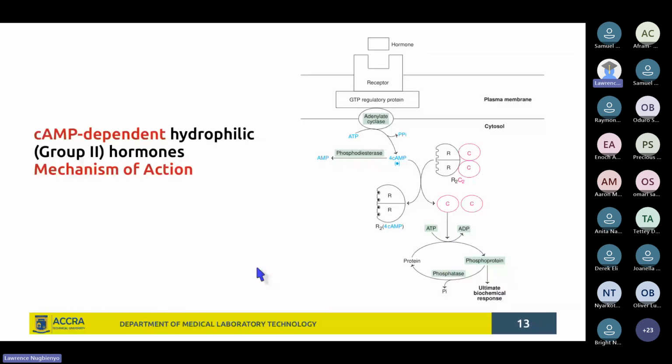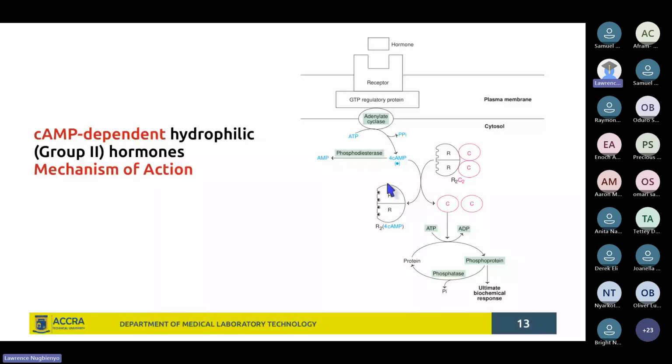Now we can take a look at the mechanism of action of this group of hormones that have cyclic adenosine monophosphate as a second messenger. Perhaps we have seen this already, maybe when looking at regulation of transcription. I don't remember. Maybe not your class.